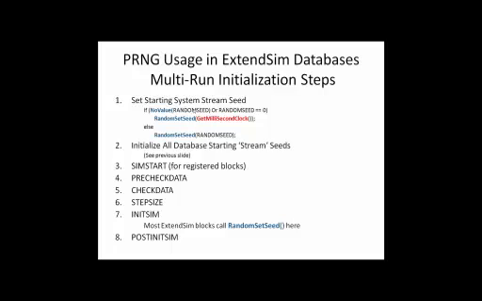If the random seed value is positive, it's 451 or 21 or whatever, we're going to use it directly to set the starting system stream seed. So that's done at step one. That's the very first thing that's done on each simulation run.